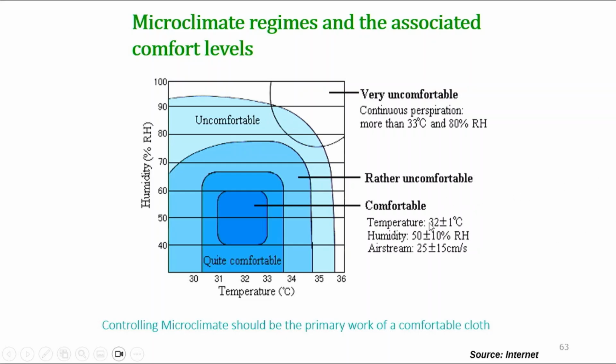And it should not be too humid. If it is 100% humidity, then even at 32 degrees Celsius he will be very uncomfortable. So, we should keep our microclimate a little bit dry, 50 plus or minus 10% is the target.